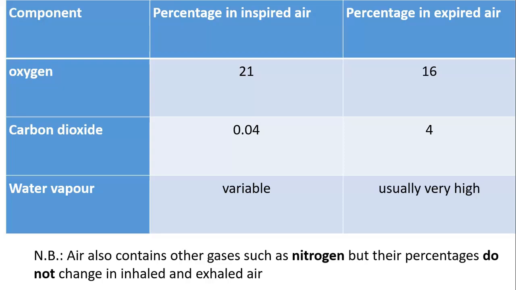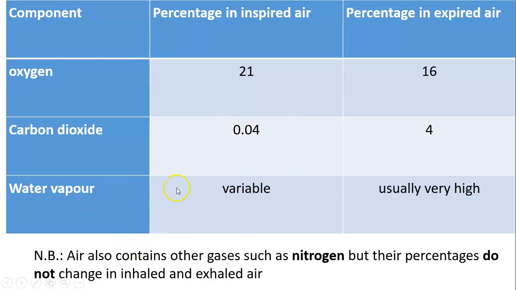Now, oxygen in the inhaled air is 21%, while the expired or exhaled air has only 16% oxygen, which means that our body took the rest of the oxygen. This difference went inside our cells or got carried by our red blood cells. Carbon dioxide in the inhaled air is 0.04%, but in the exhaled air it is 4%, which is a huge difference.